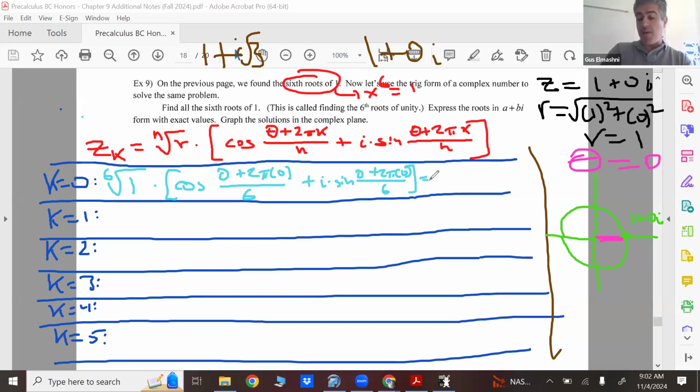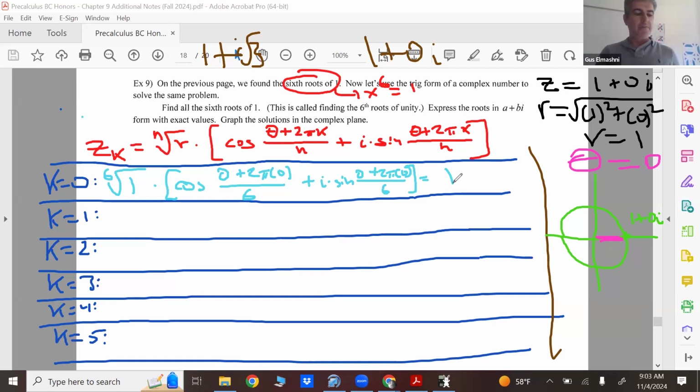If you work it out carefully, you should just get 1. What's cosine of 0? 1. What's sine of 0? 0. 1 times 1 is 1. So we get that. That's easy.